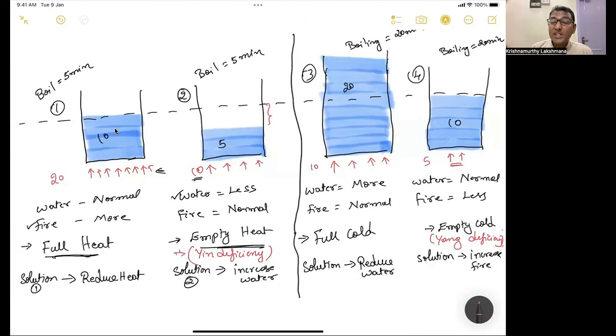So which situation will it fall into out of the four? This is Yang excess, full heat. The fire is more, not because of the external temperature, but because of the internal anger.